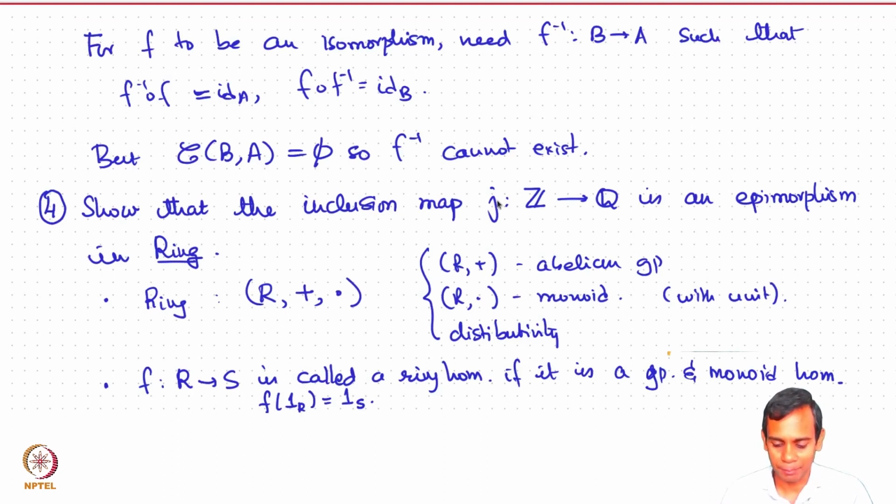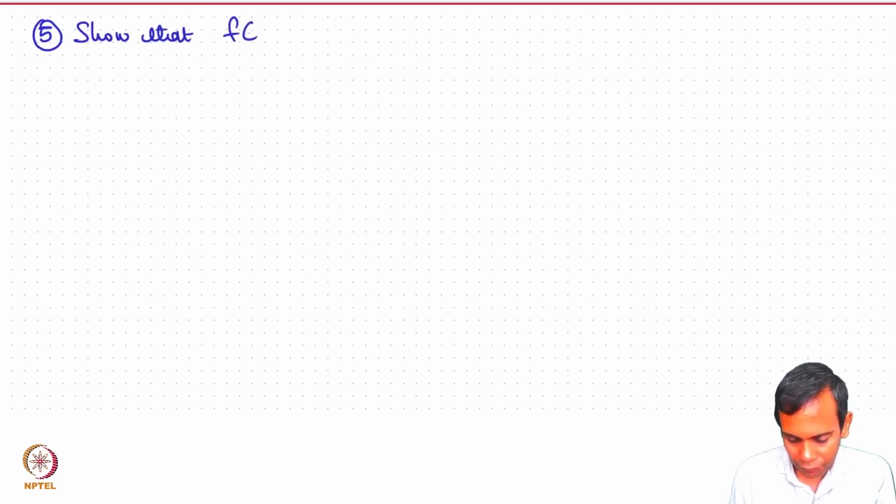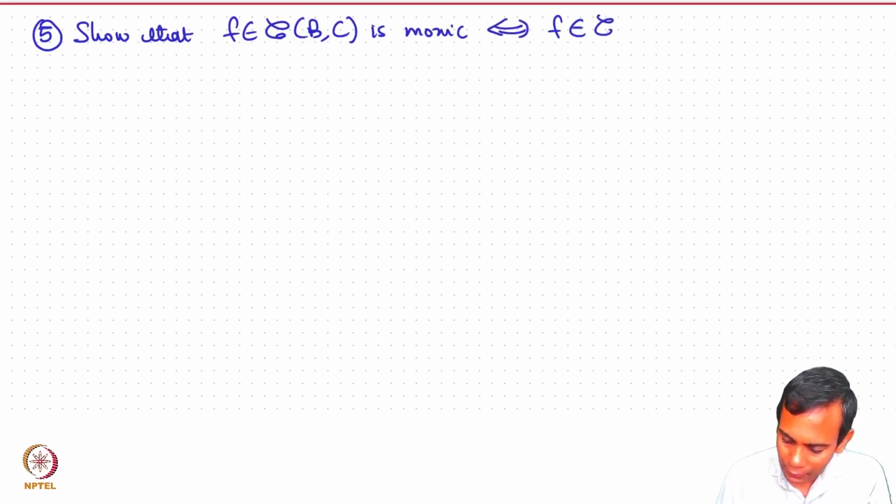The next problem explores a certain duality that you will see throughout category theory. Each definition in category theory has a dual, and basically the dual of a definition is the same definition in the opposite category. So just to make that explicit, let me write down this problem. Show that F, an arrow from B to C in a category, is monic if and only if F, now regarded also as an arrow from C to B in the opposite category, is epic.